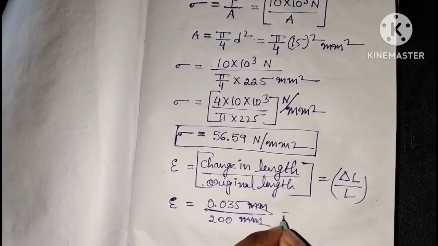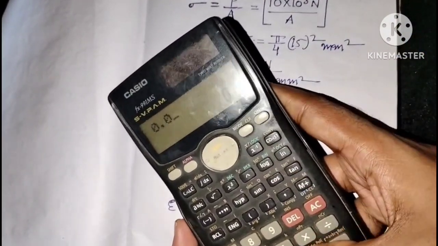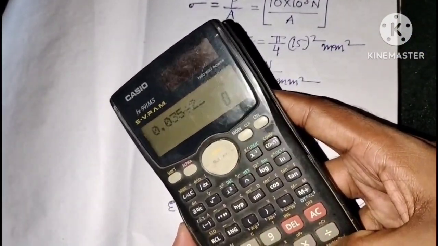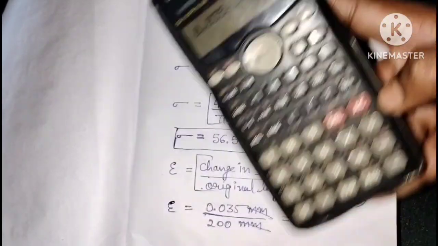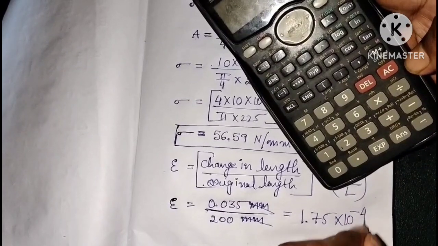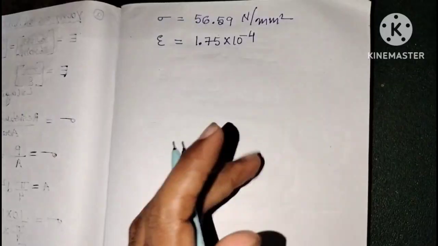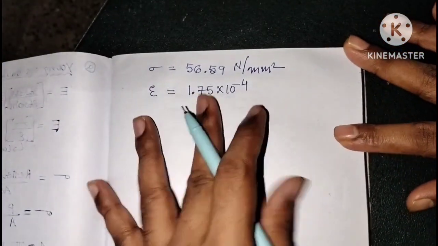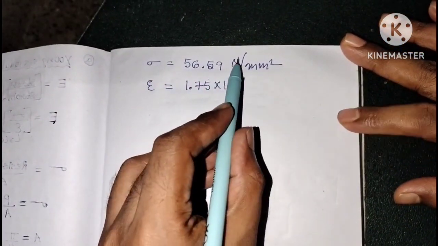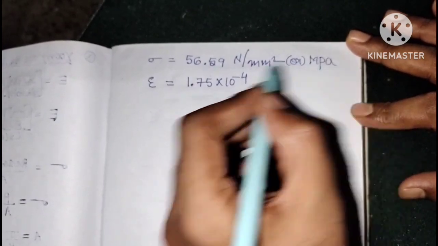mm cancels. So 0.035 divided by 200. The answer is 1.75 into 10 to the power of minus 4. So we got stress equal to 56.59 Newton per mm square or MPa, and strain has no units, remember.